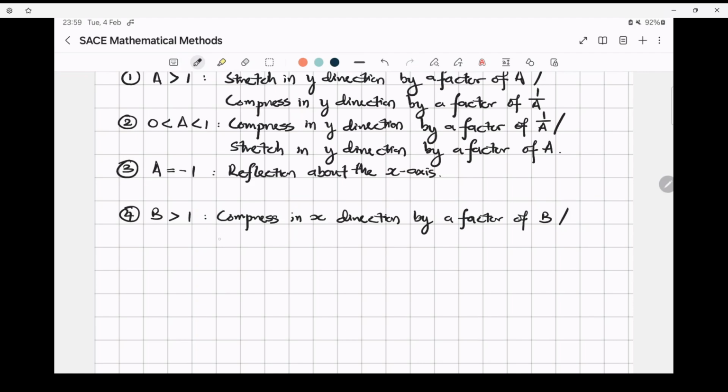You can also say that this is a stretch in x direction by a factor of 1 over b.